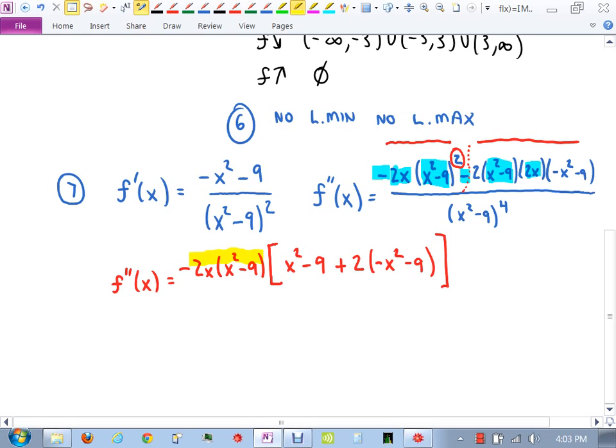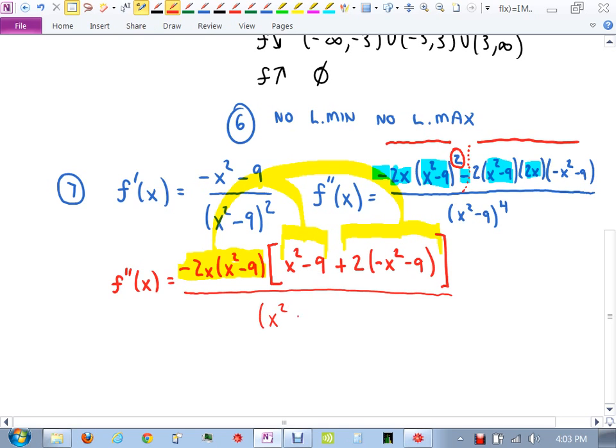It's kind of like if you took this big clump right here and distributed it to this and then to this, you would get back what you had above. All of this over x squared minus 9 to the 4th.